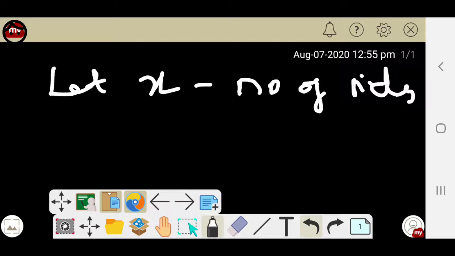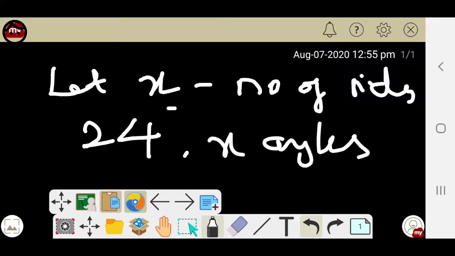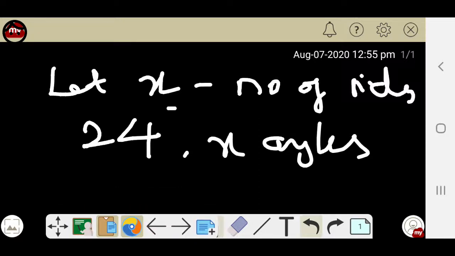Then the measure of one angle is 24. If there are x number of sides, there will be x angles. Then the measure of one angle is 24, and if there are x angles, then for the total sum of angles you have to add 24 x times. We don't know how many times we have to add.